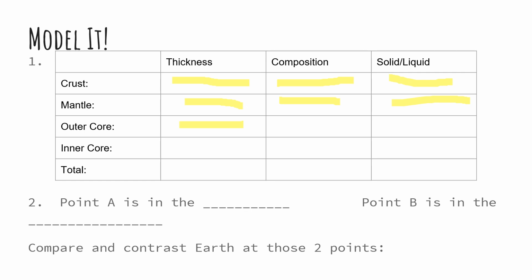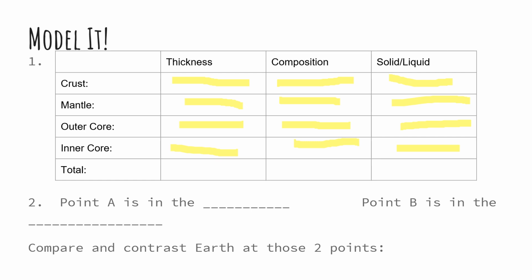It's made up of iron and nickel, and it is a liquid. The inner core is 1,220 kilometers, and its composition is also iron and nickel. And like the majority of the other layers, the inner core is also a solid.